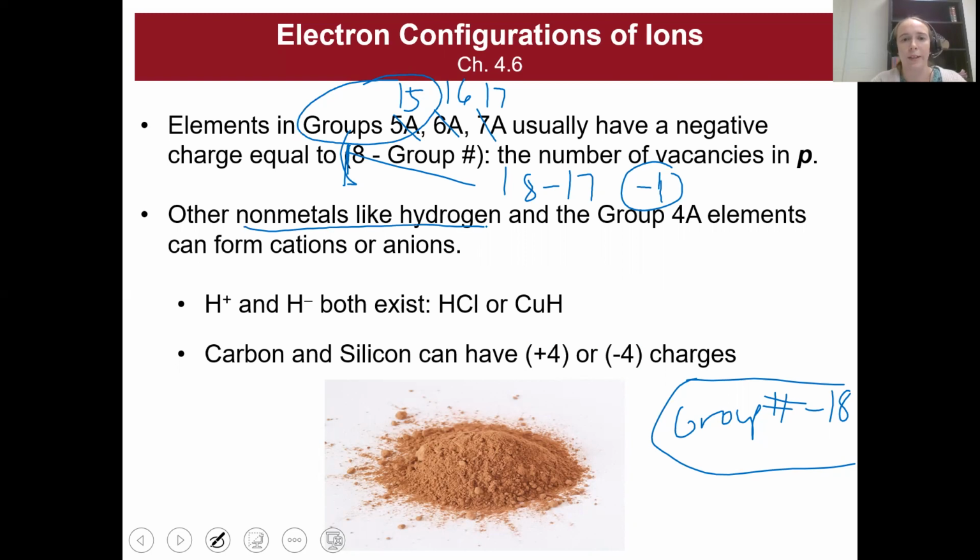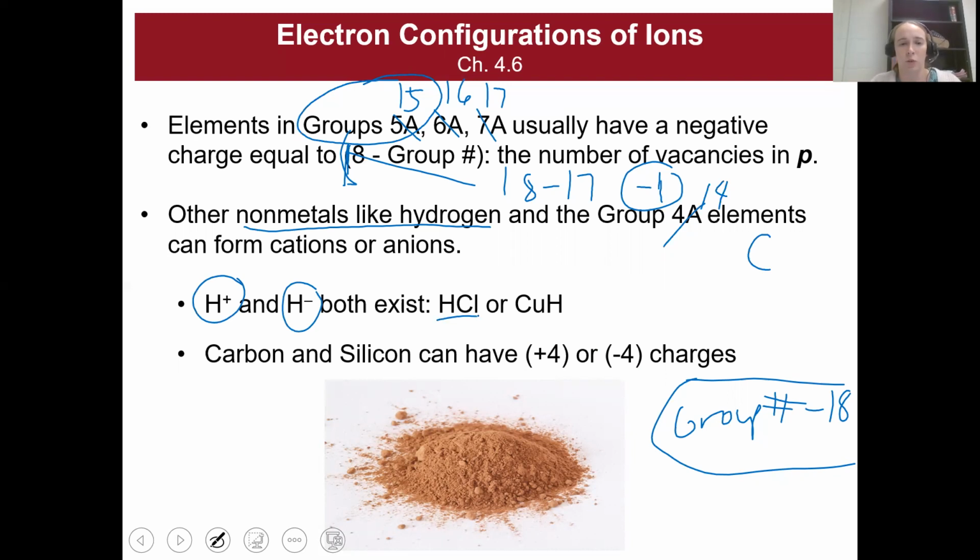Other nonmetals like hydrogen and group 14 elements, like carbon, can form cations or anions, and there's not really a rule that goes either way for those. I showed you hydrogen could be a +1 cation or a -1 anion if it ends up isoelectronic with helium. So these are 2 compounds made out of those ions.